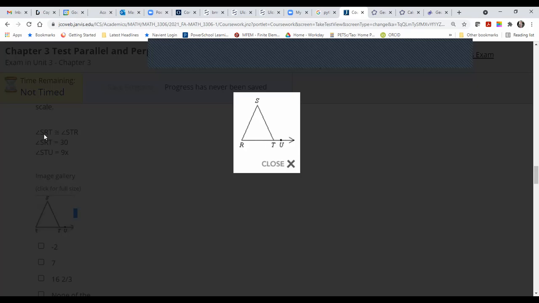Yeah, so SRT is equivalent to STR. Okay. And then looking for what x is for the STU, that is equal to 9x. Okay.